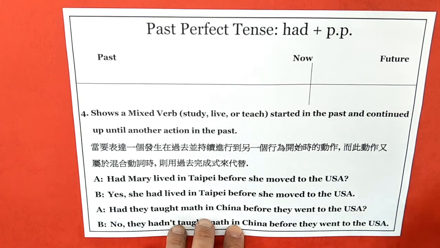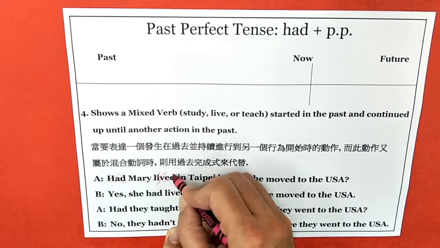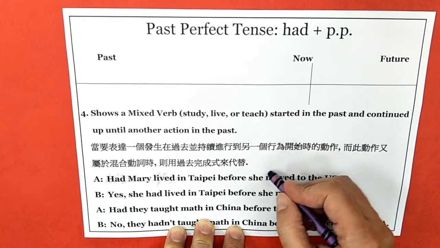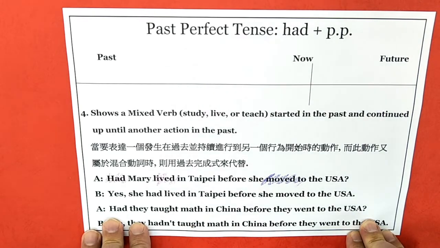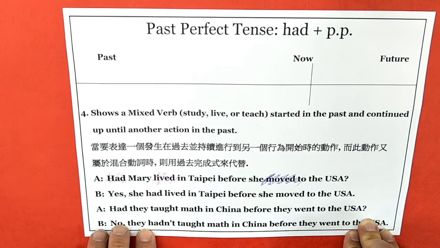All right, so here's the first action. Living in Taipei. And the second one, moved to the USA. Now, you're thinking, well, how else could we say this? Well, you could say, did Mary live in Taipei before she moved to the USA?